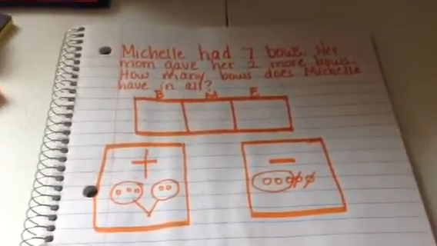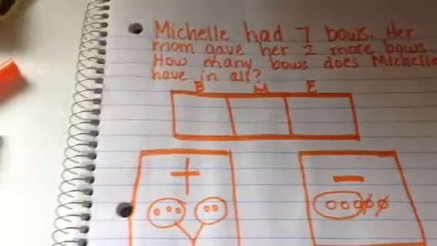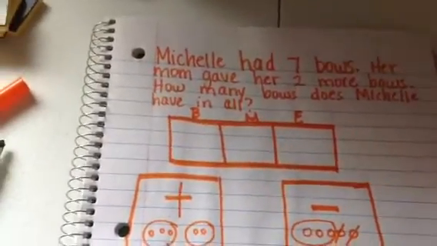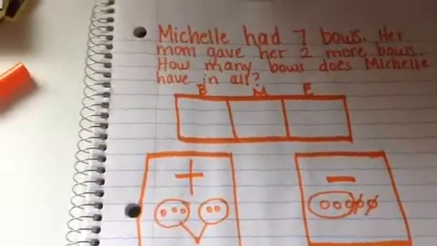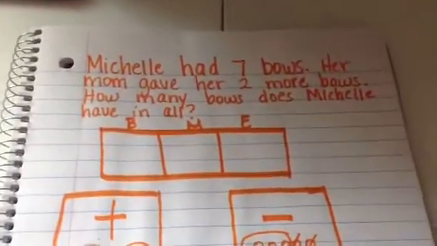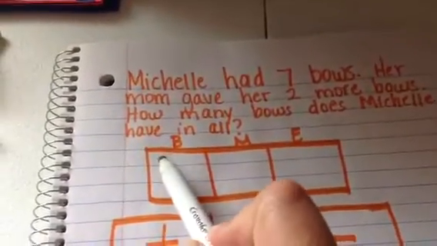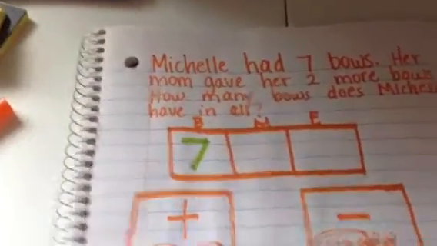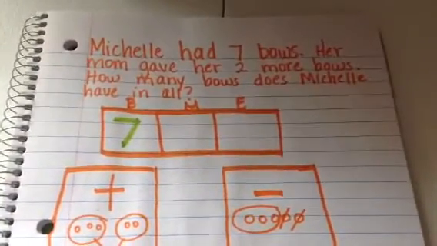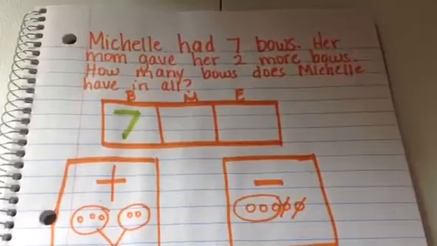Now, if you remember, the first thing we always do is we always fill out our BME, our beginning, our middle, and our end, okay? Okay, so using my marker, I'm going to fill out the beginning. So remember, in the beginning, she had how many bows? She had 7 bows, that's right. Okay, so we're going to write the number 7 in our B. And in the middle, she had how many more were given to her? 2, that's right.